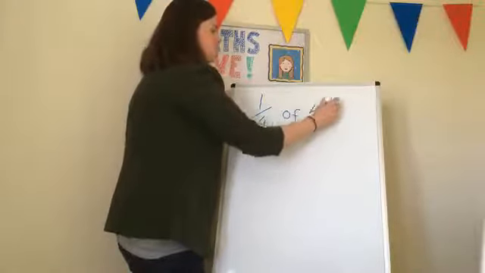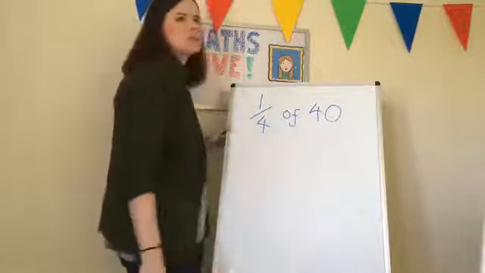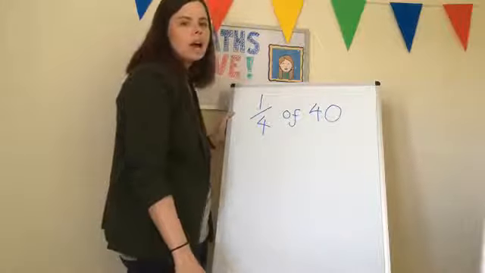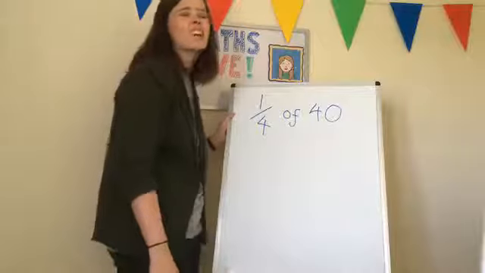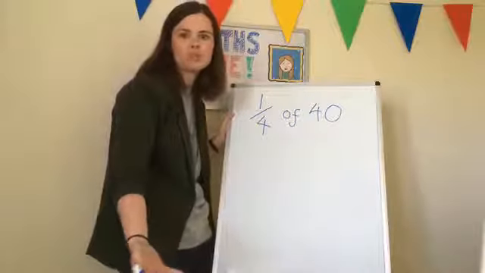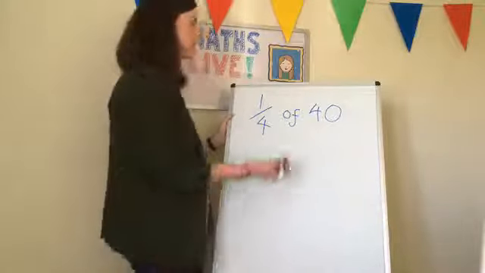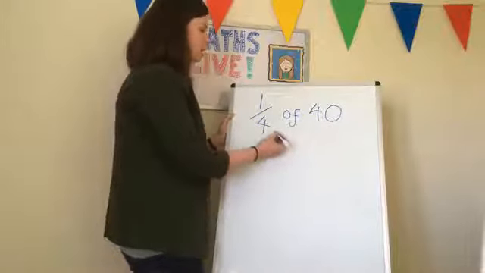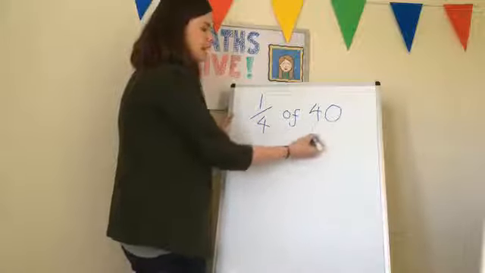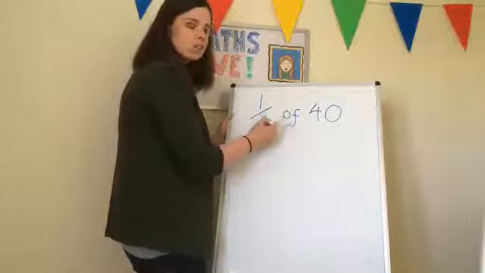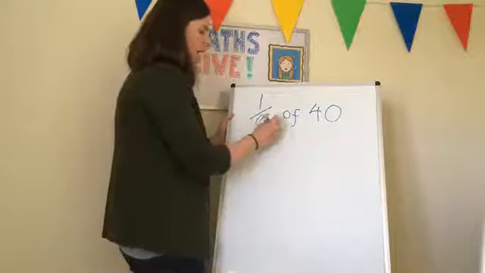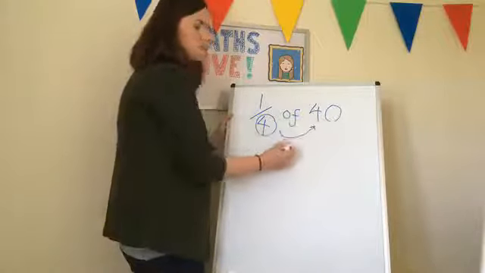Now, you'll see that when we get to these numbers, you think, oh, I can't draw 40 dots. I mean, you can draw 40 dots. You can draw 40 circles. It'll just take a long time. So again, this is where we use our times table. So if you're splitting 40 into a quarter, you look at the denominator and go, how many 4s make 40?